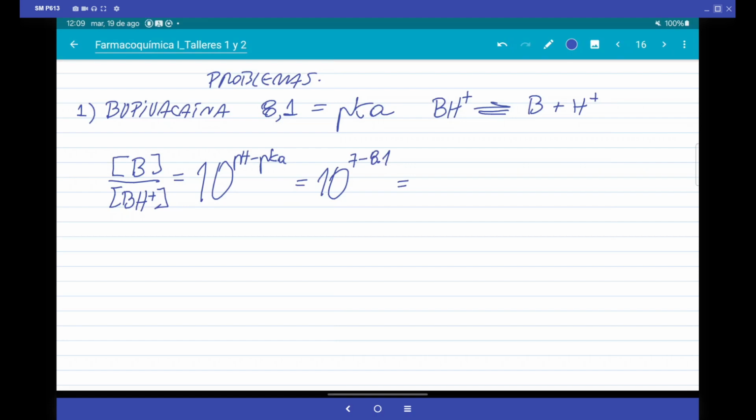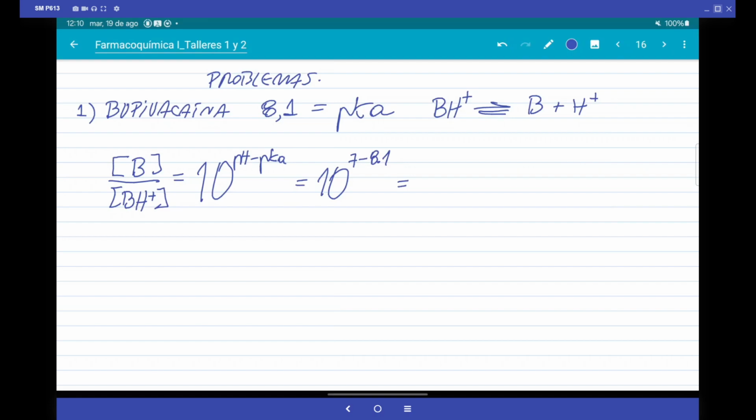Of course, then we have to raise 10 to minus 0.7. And now if I apply the 10 there, 10 raised to minus 0.7 gives me 0.199.